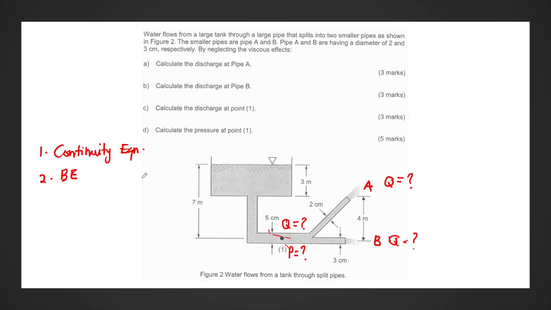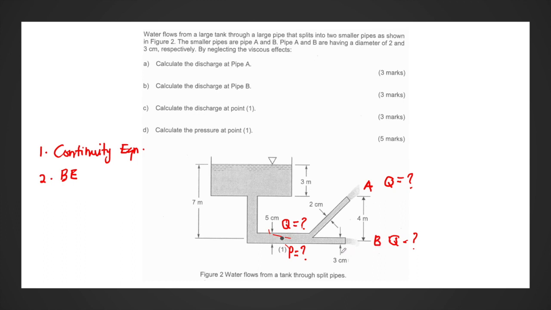Let's take a look at this figure. To find discharge at point A, we have to have discharge at point B and discharge at point 1. But in this question, we are not given the values for the discharge at point 1 and point B.